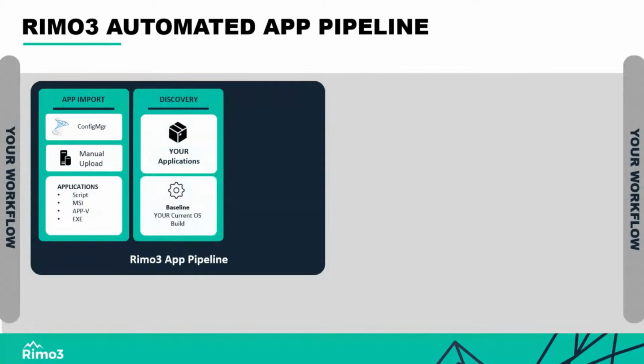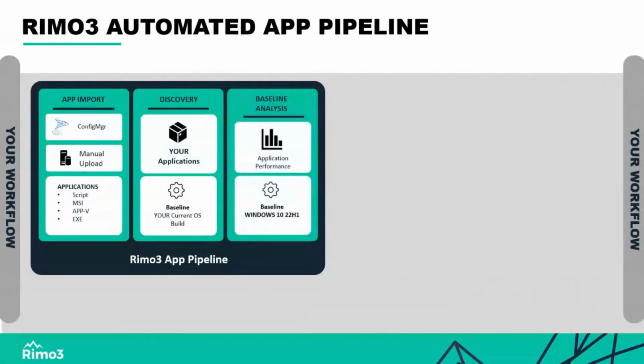Simply put, after the discovery process completes, Remo 3 is now aware of how that application installs to a Windows operating system and how it is intended to interact and function with that Windows operating system. And it stores that in a data profile for every application that you import into the platform. Once the discovery process is complete, what we then do is automatically progress the applications to the next phase, which is the baseline analysis phase.